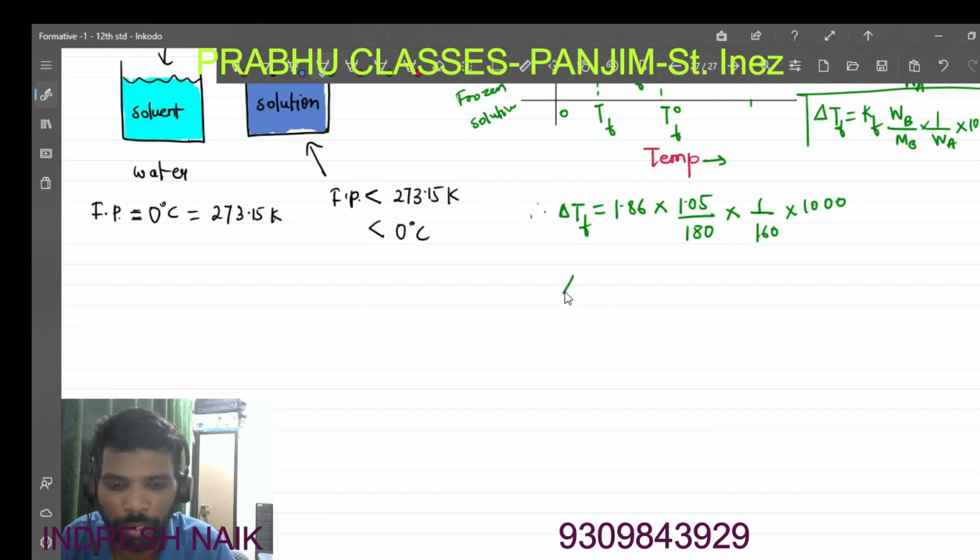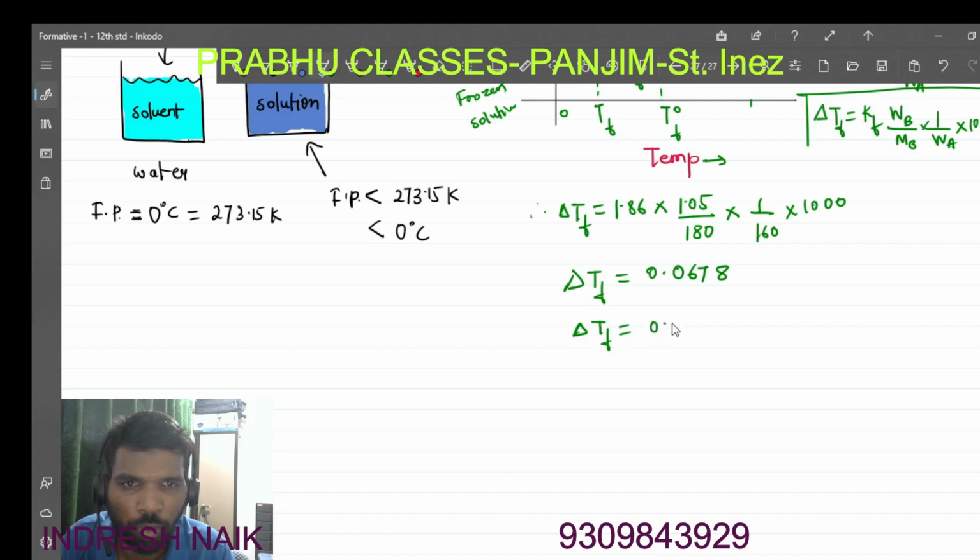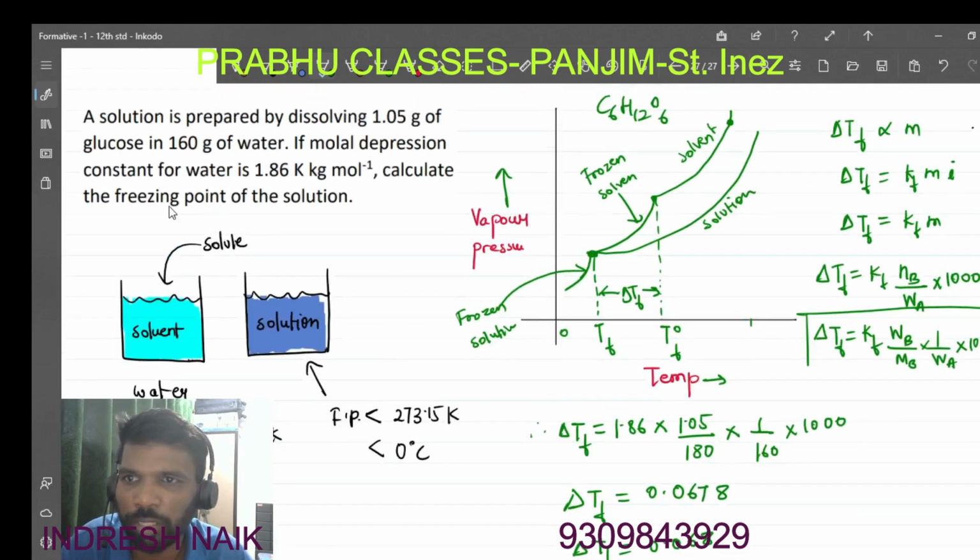So delta Tf, what I am getting, is 0.0678. This could be approximated to 0.068.